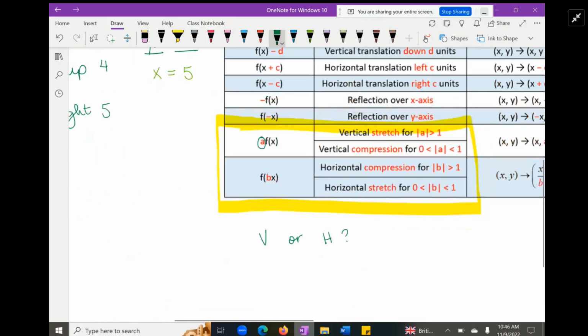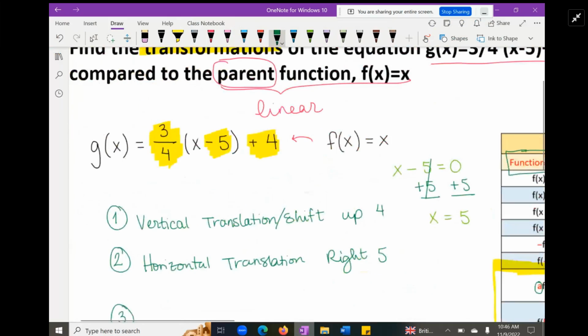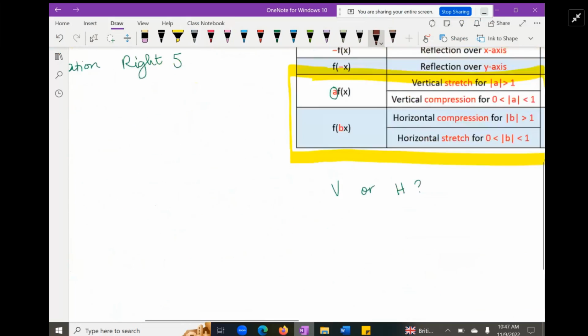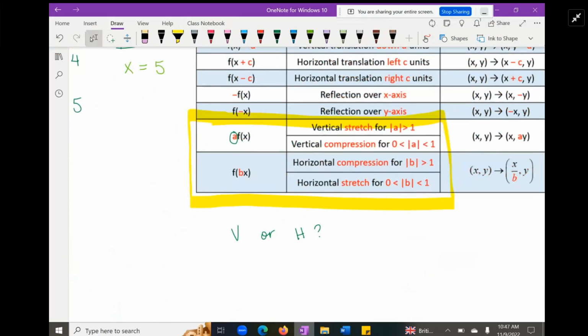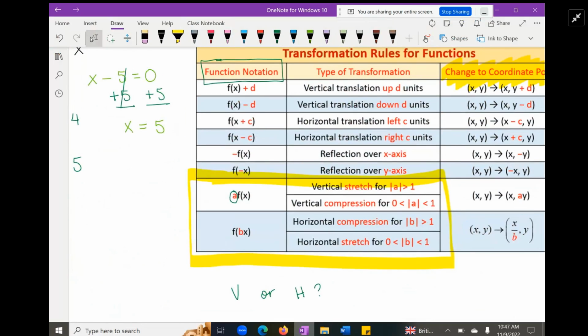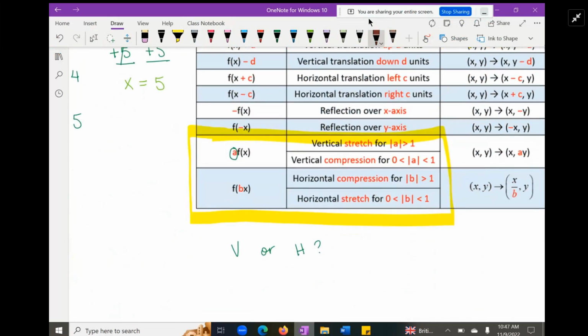So the way that it looks, again, let me just do some grouping here to showcase that. 3/4 looks like it's multiplying with the entire function or the rest of the function. And another way I like to say it is, again, if it's grouped with x, it will have a horizontal effect. So if it's not grouped with x, like the vertical translation, notice that it's not in the group with x, then it's going to be a vertical effect.